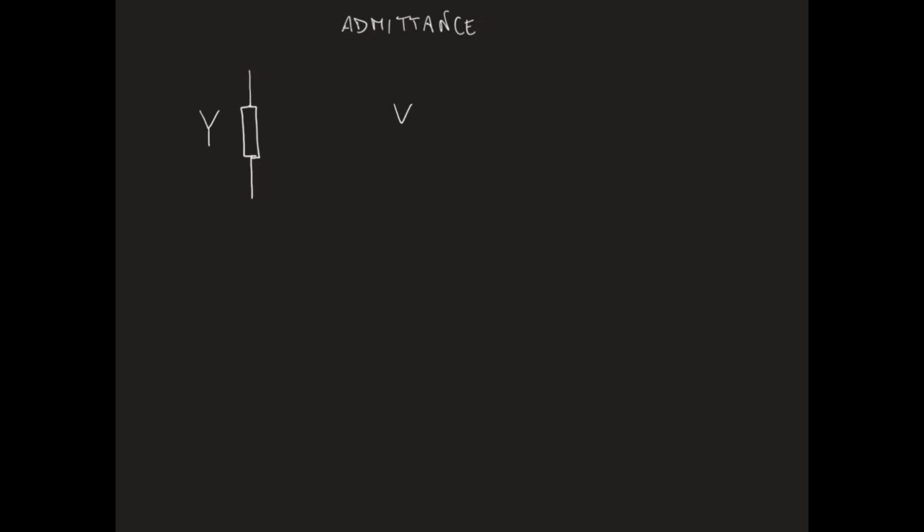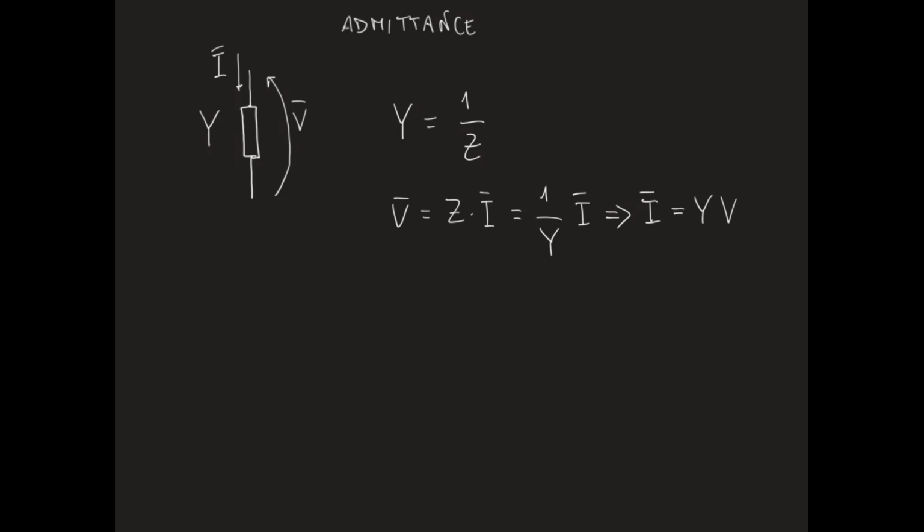So Y is equal to 1 over the impedance Z. Therefore, the relationship between the current and the voltage in a passive component in the Phasor domain can be expressed as V equal to Z times I, or equal to 1 over Y, the admittance, times the current I. Or we can write the current I is equal to the admittance times the voltage V.